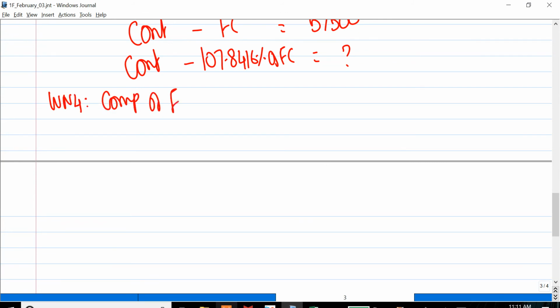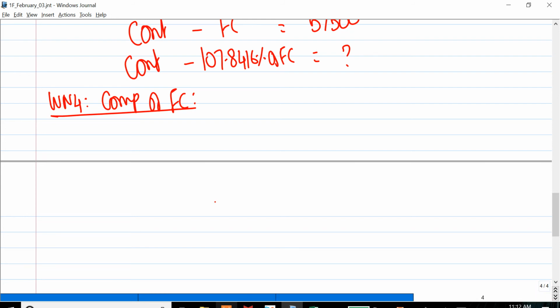Now, let us first find the annual cash flow at which the project will have 0 NPV.